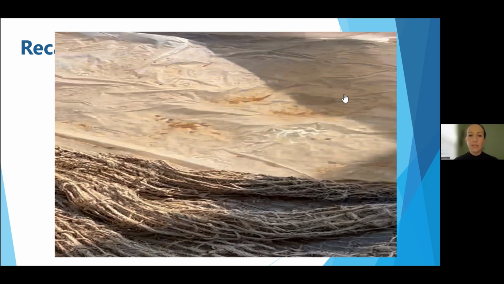But once PAM is bound to sediment, and it wants to be bound to that particulate, it's very unlikely that it's going to be remobilized. It takes a lot of energy to break those flocks apart. But if I go out there and scrape the flock off the jute, I can get it off, but for the most part, it's pretty tightly bound on there.